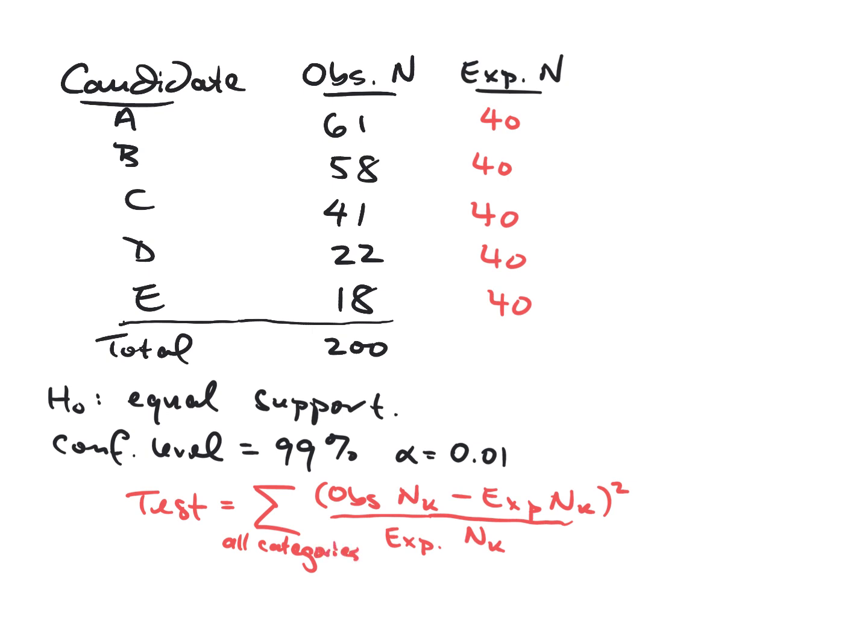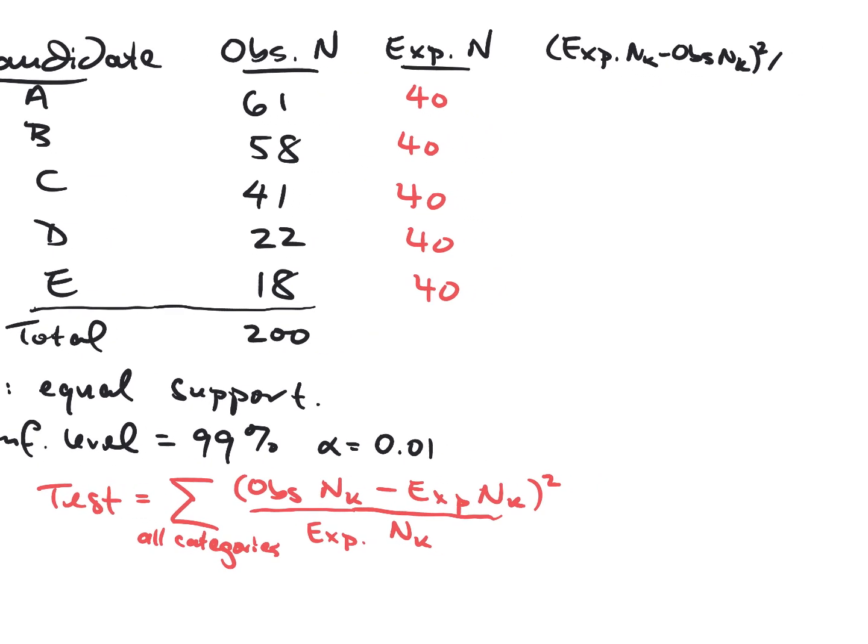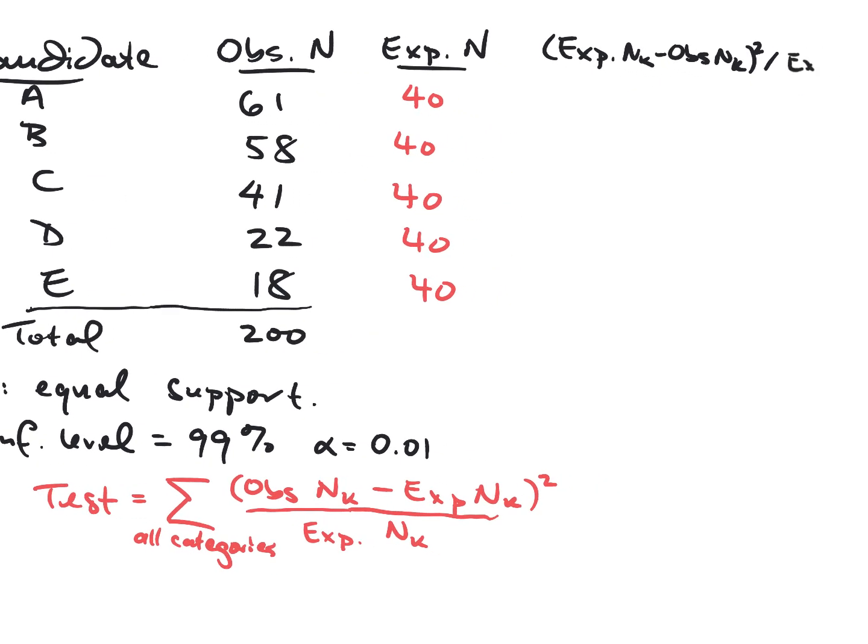So I'm going to write that last step in the table: expected N_k minus observed N_k, squared, over the expected N_k, the number in the category.